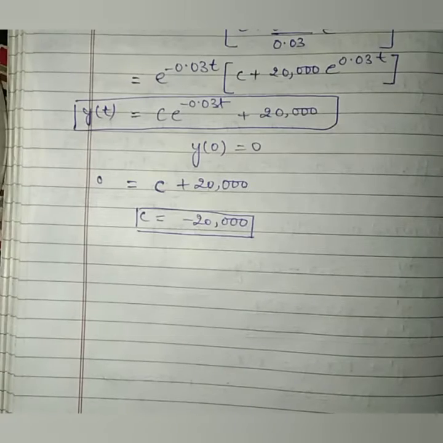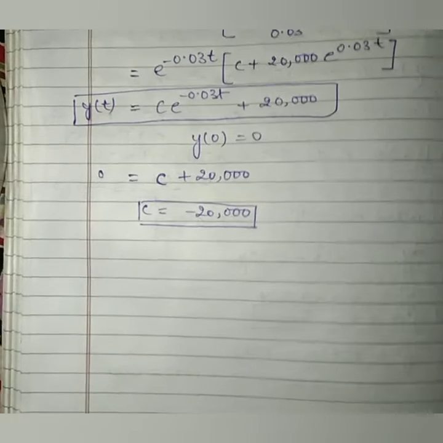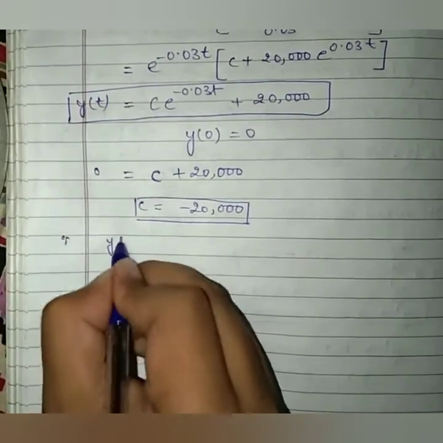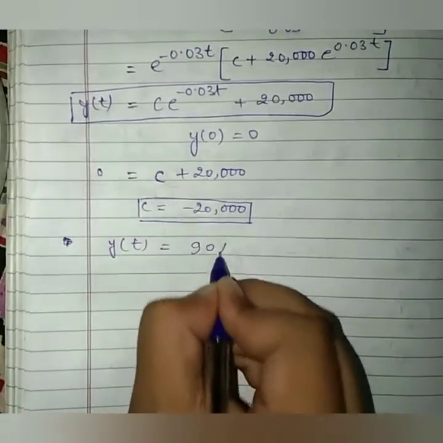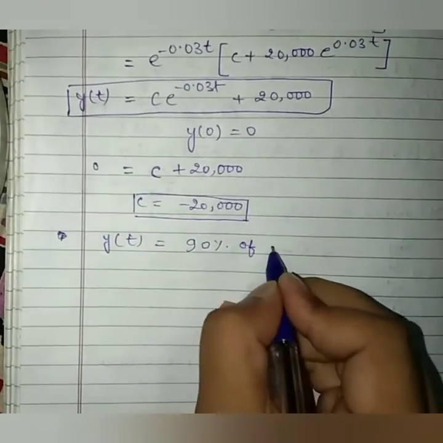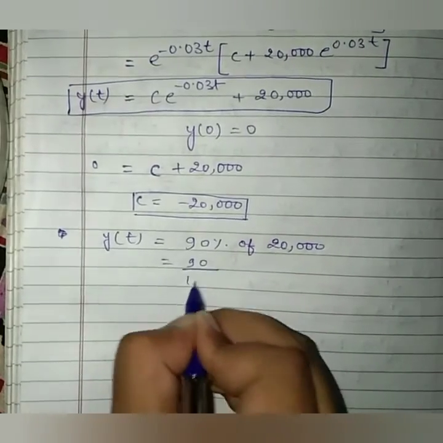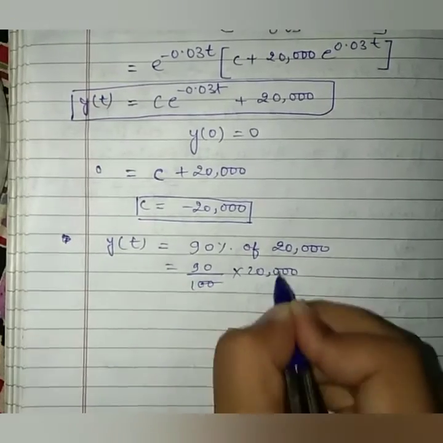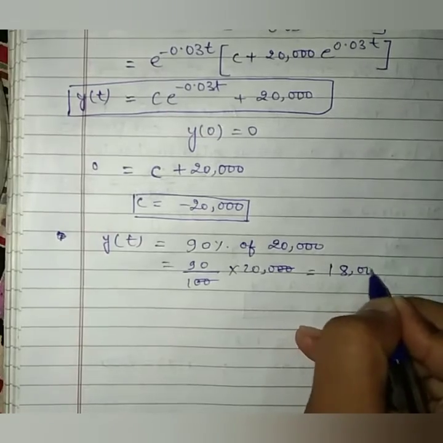Now the second part is asking after what time will 90% of the air be fresh. So the second part says that y of t equals 90% of 20,000, which is 90 upon 100 into 20,000. It will be 18,000.